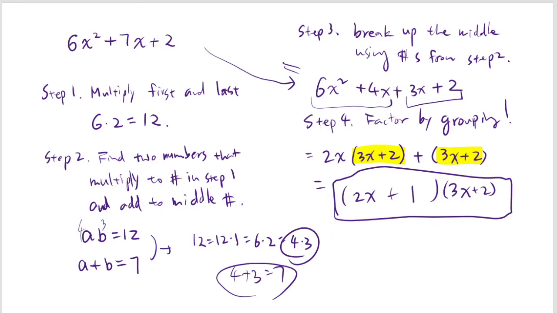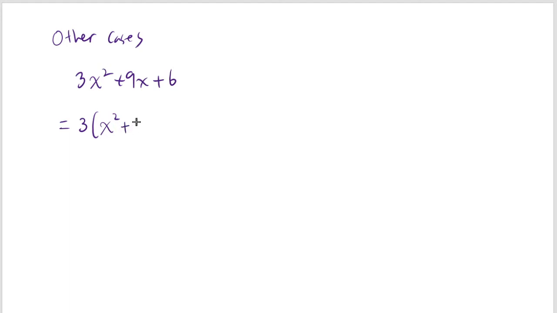Now, there are some other ways that you can factor, and sometimes you have other cases, such as 3x squared plus 9x plus 6. In this case, you can factor out 3 overall, because you notice that 3, 9, 6 are all divisible by 3, right?